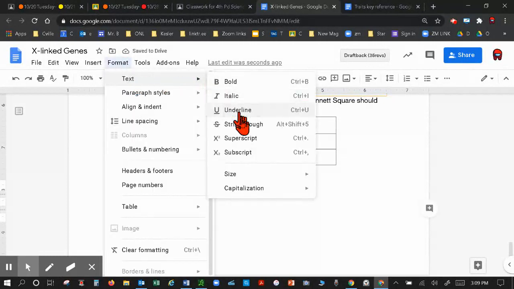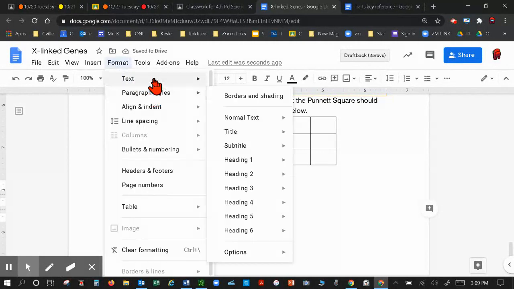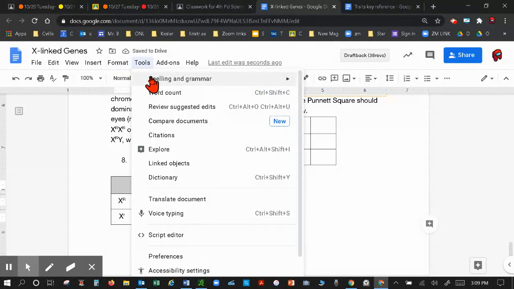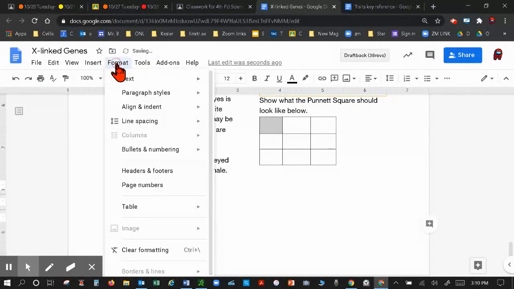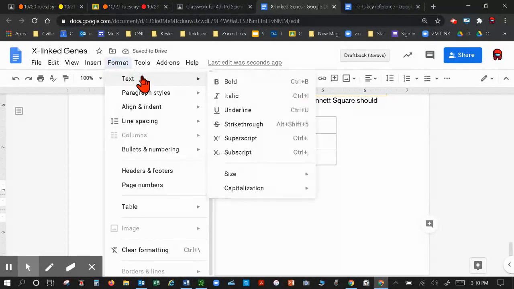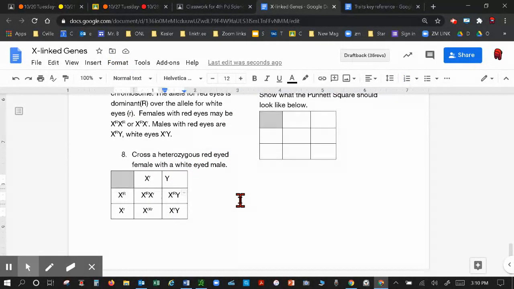And then you'll have your Punnett square done using that. Okay, there you have it. So there's your red-eyed male with your red-eye female with your white-eyed male. And there you have it right there.